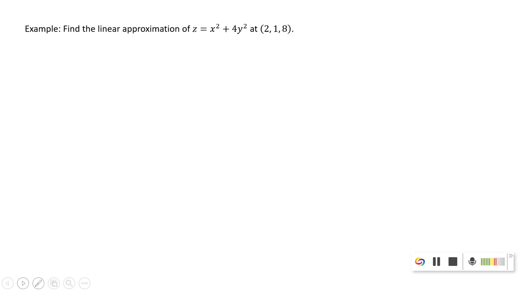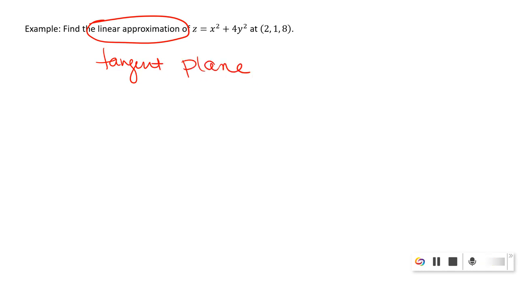So the example I want to start with says, find the linear approximation of z equals x squared plus 4y squared at the point 2, 1, 8. So find the linear approximation is basically asking you to find the tangent plane.